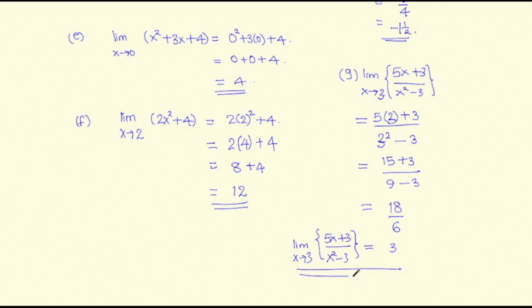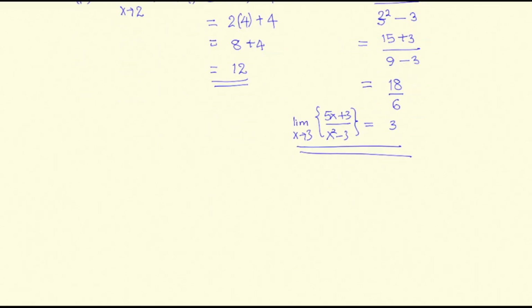So lastly, let's look at the next number here, and that number is where our trick is incorporated, and that is h. So in part h, it says we need also to evaluate the limit as x tends to pi.